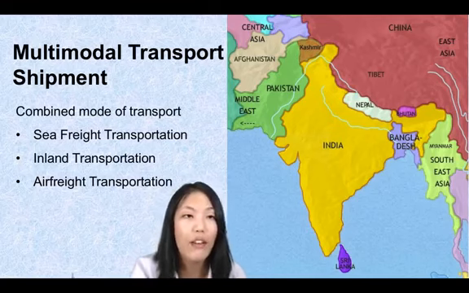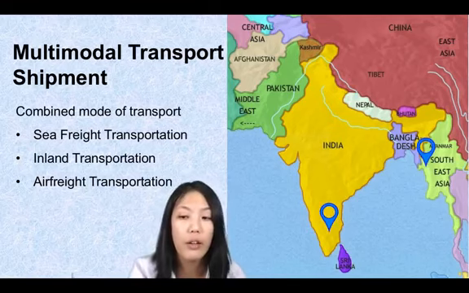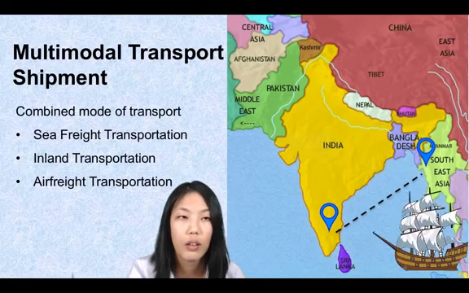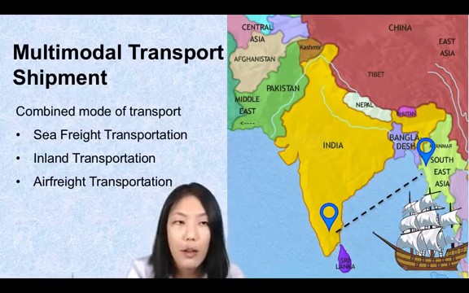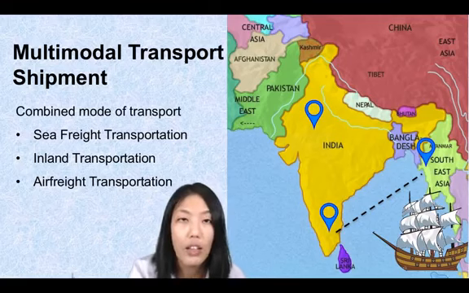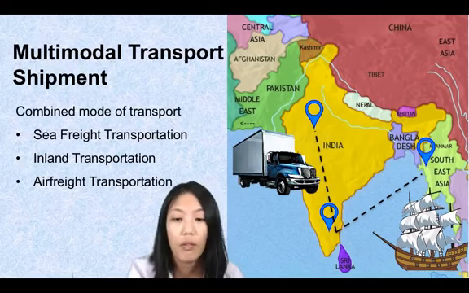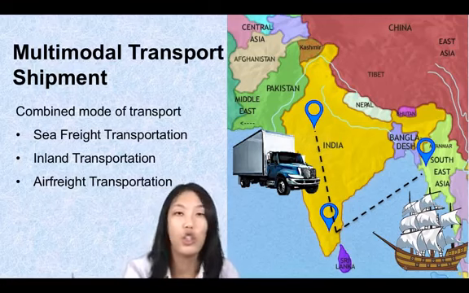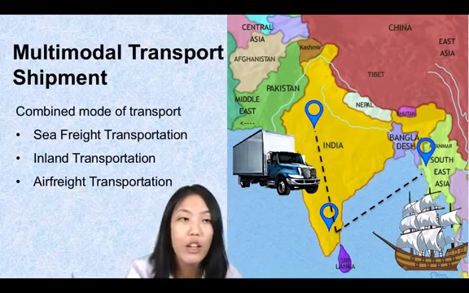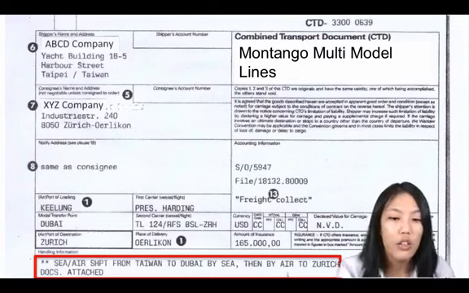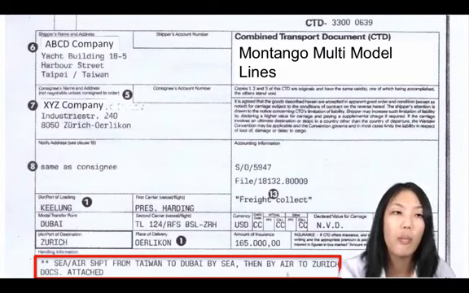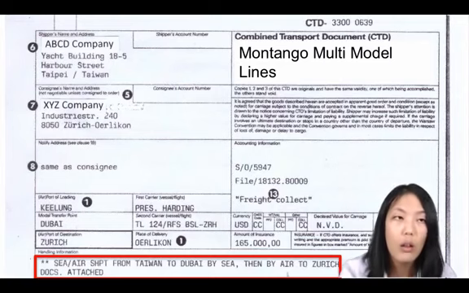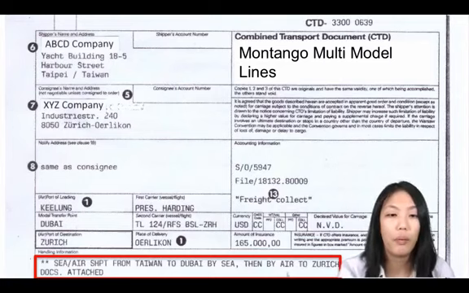So the goods will have to be shipped from port to port and subsequently taken to the final destination by truck. So this is how the terminology multimodal or combined transport came about. As you can see in this slide, I provided a sample of multimodal transport document, which you can also download in the link below.